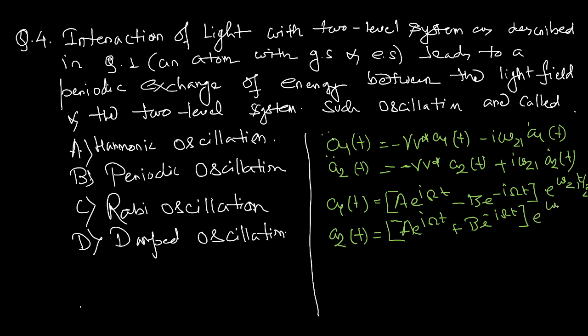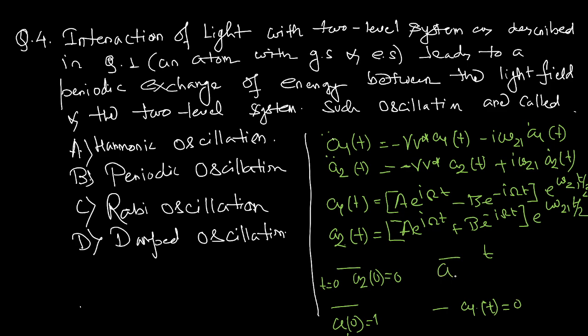Now if we impose the condition that at t0 the population coefficient a1(0) is 1 and a2(0) is 0. Similarly at time t the coefficient of state 1 is 0 and state 2 is maximum.